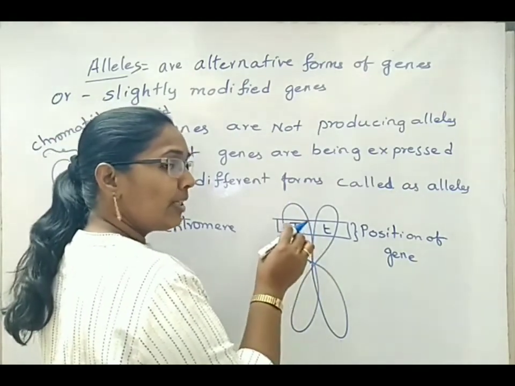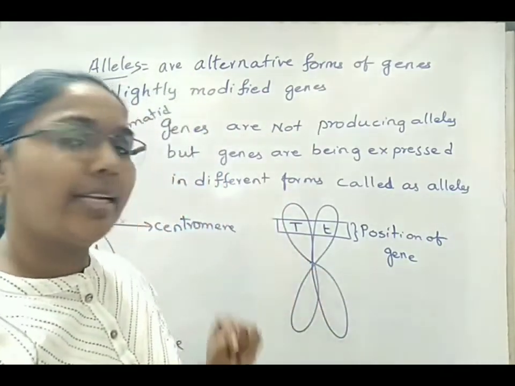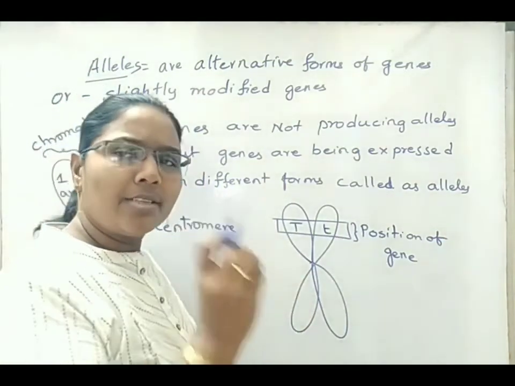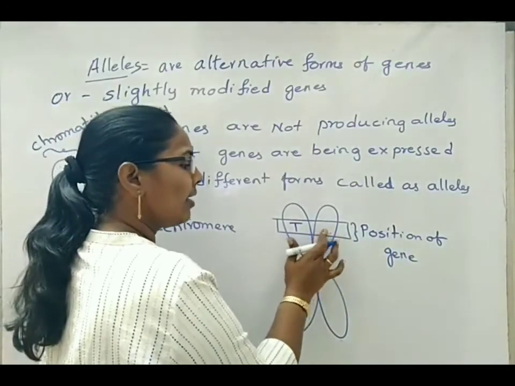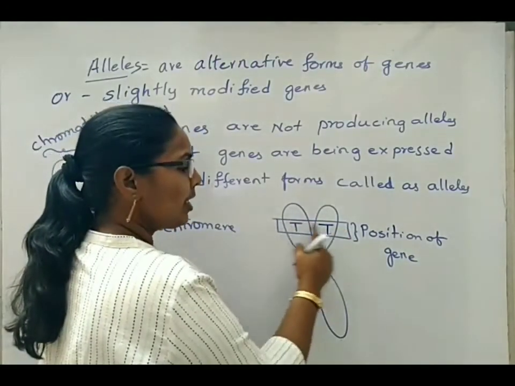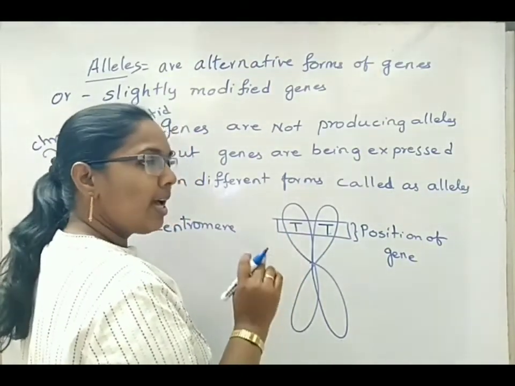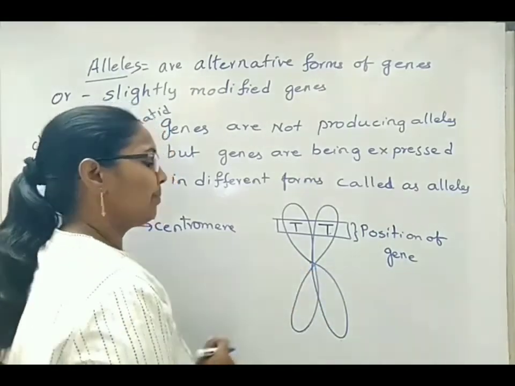If the genotype has different allele forms, then we can write like this. If it is considered a pure plant with pure tall genes, then we can write it like this. So, this position on the chromosome has the gene that is responsible for height of the plant.